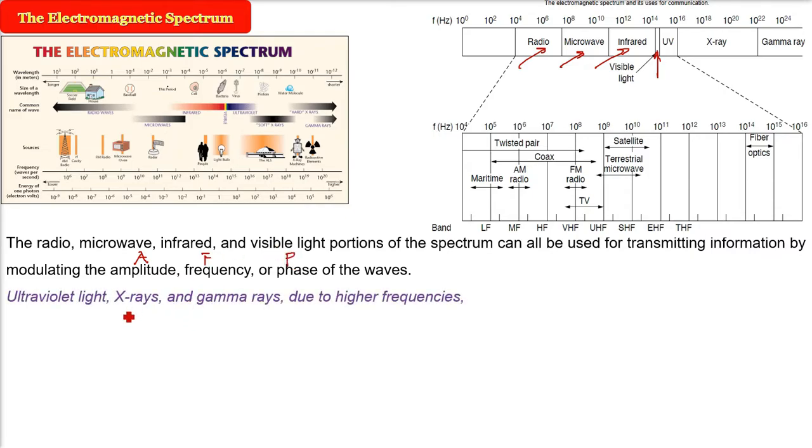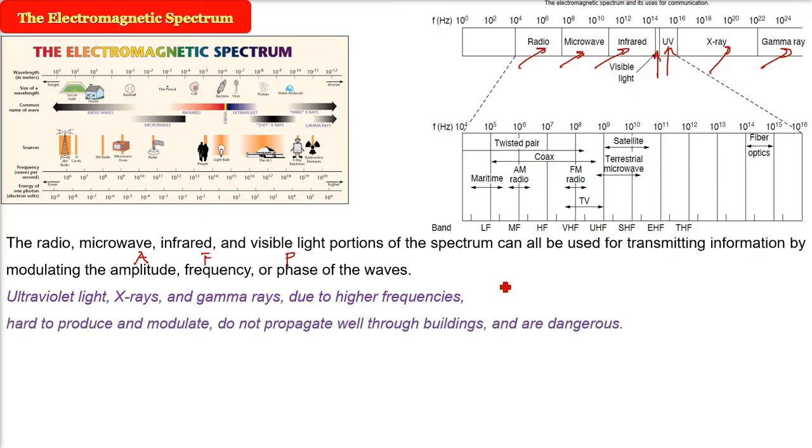We'll talk about that. The ultraviolet rays, X-rays, and gamma rays have high frequencies. The wavelength is very small, very sharp. They are very difficult to produce. Even modulation is very difficult, and they do not propagate well through buildings.